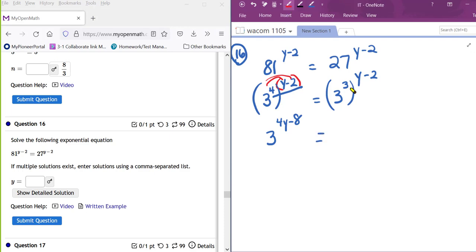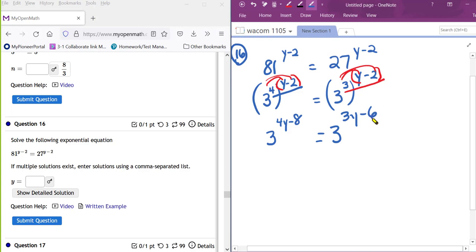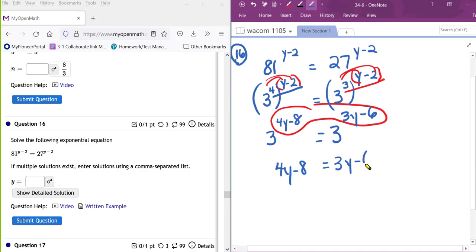And here, same thing, keep the base and multiply. So because this is more than one term, it's going to have to distribute. So keep your base. This will be 3y minus 6. Now you're allowed to set these equal. So we have 4y minus 8 equals 3y minus 6.